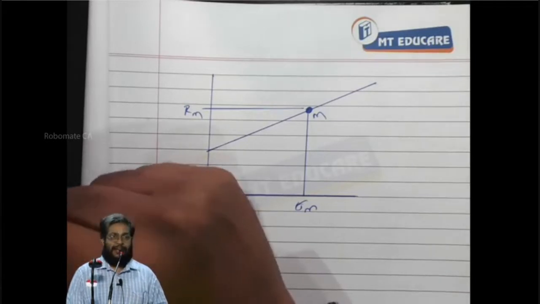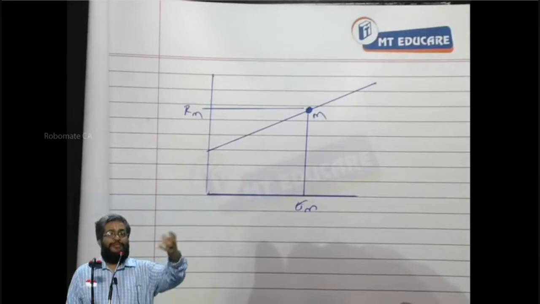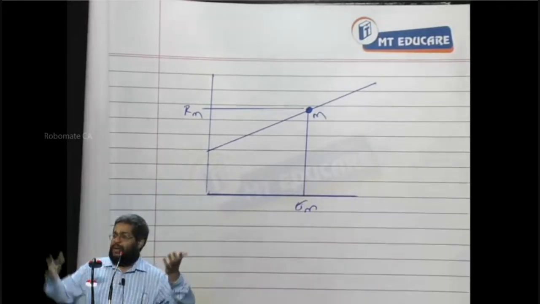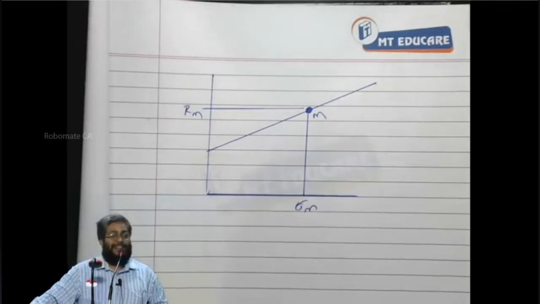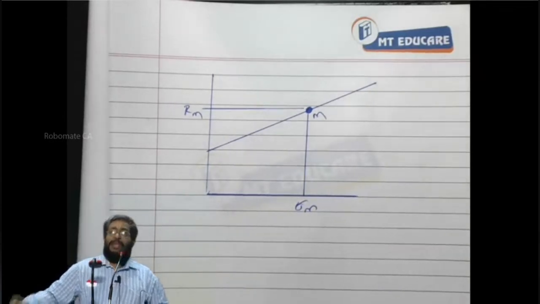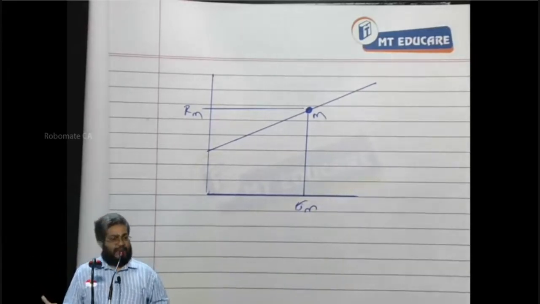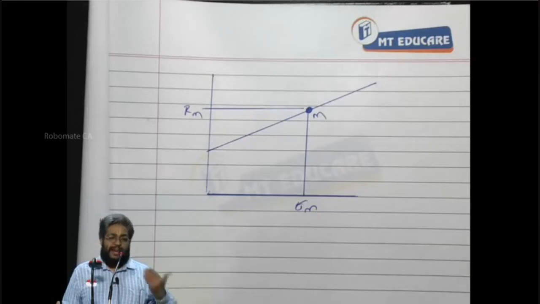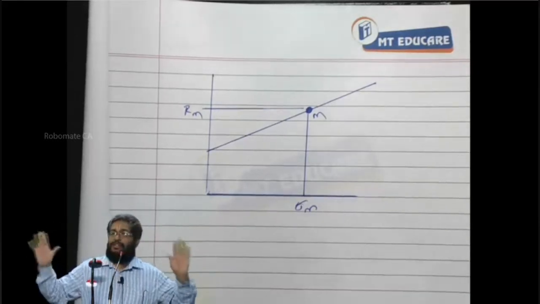So asset value depends on two things. What is the future benefit I'll be getting from it? Number two is the certainty of that benefit, which we call risk. If the risk is more, then the discount rate will be more. If the risk is less, the discount rate will be less. The more the discount rate, the less the value. The less the discount rate, the more the value. That's how we value the asset.